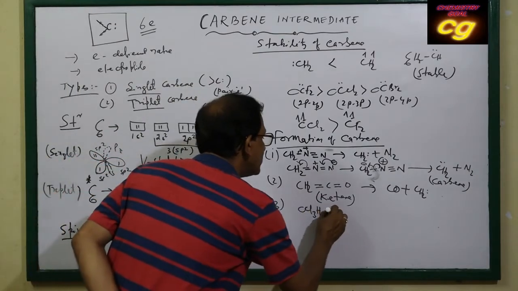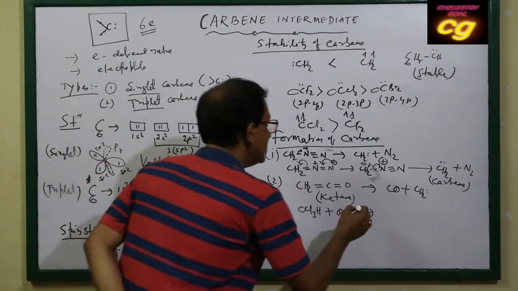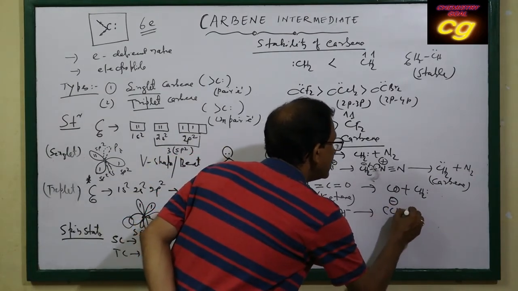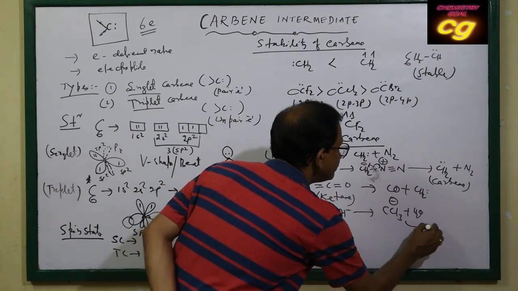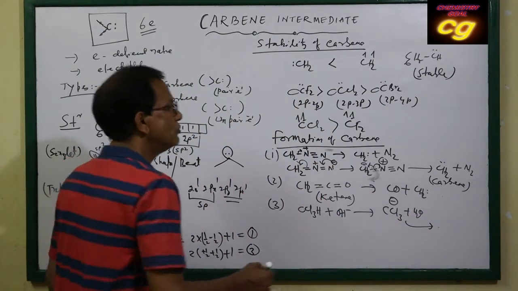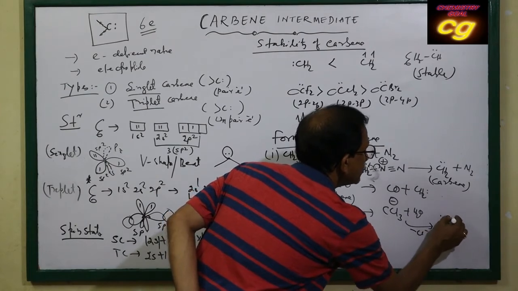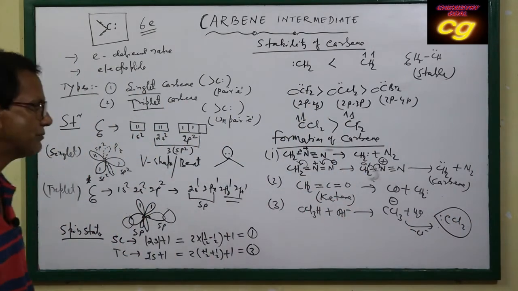When chloroform is treated with a strong base, it loses hydrogen to give CCl3 minus, with a water molecule. Then from this CCl3 minus it loses one Cl minus, and dichlorocarbene is produced. This is called dichlorocarbene derivatives.